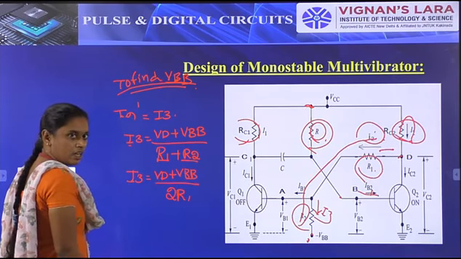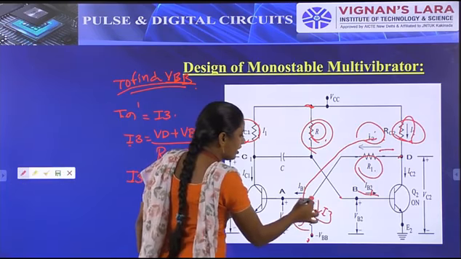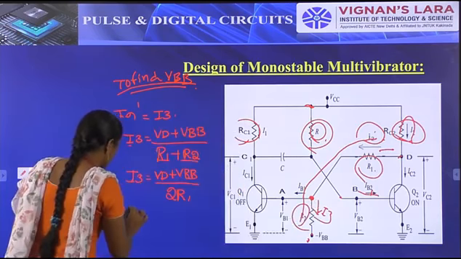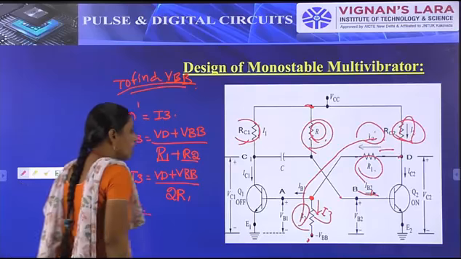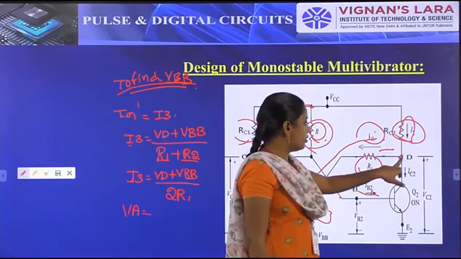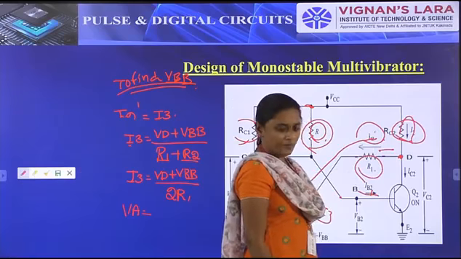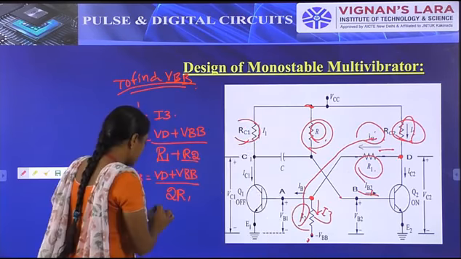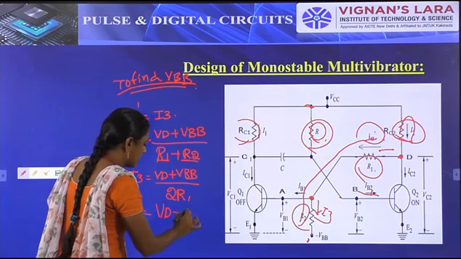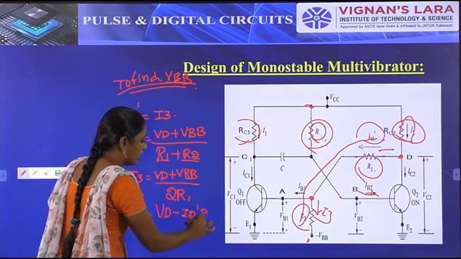So what is the voltage VA here? VA is equal to VD minus I2 dash into R1.